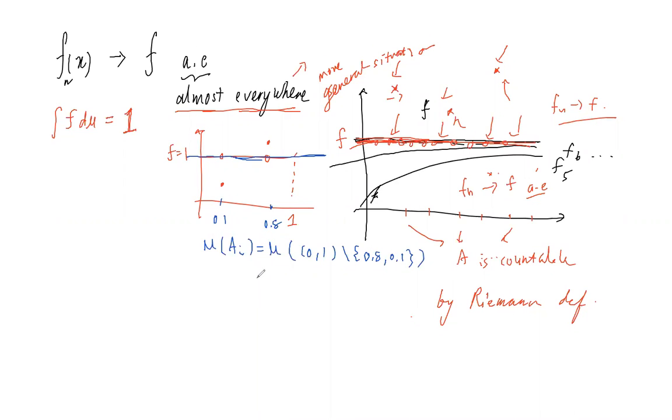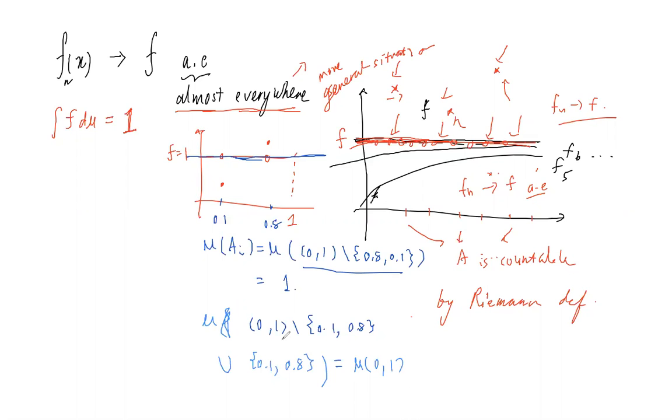So this measure is still 1, because if you take the union of the singletons with this set, it becomes the interval 0 to 1. The measure of this set is equal to the measure of this interval.